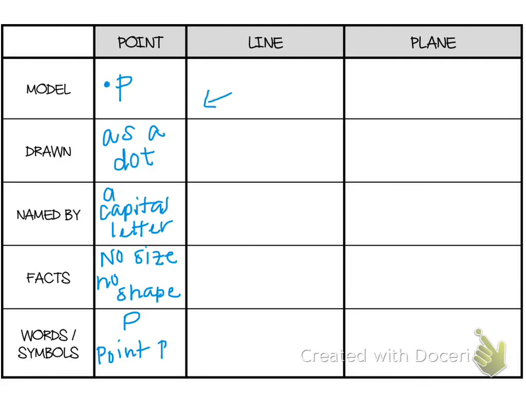Line. So this is what a line looks like. I need 2 points for my line. It's drawn with an arrowhead on each end.